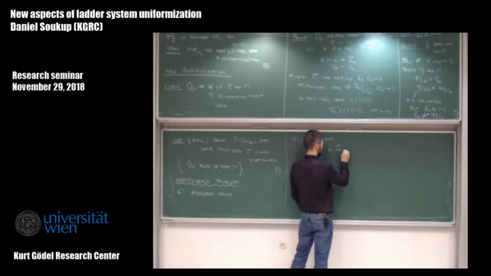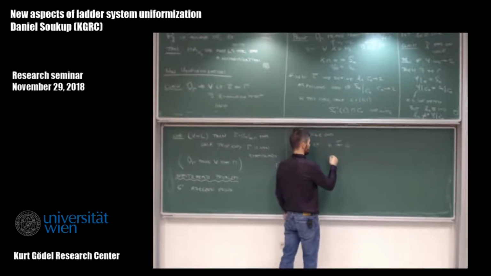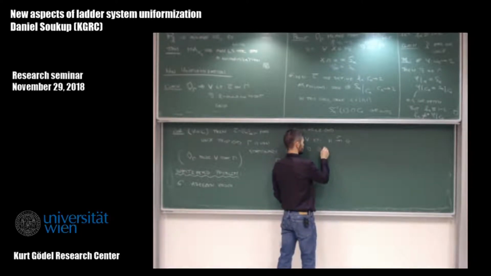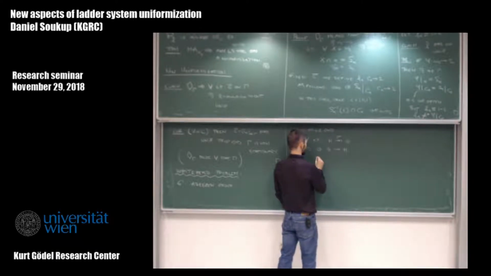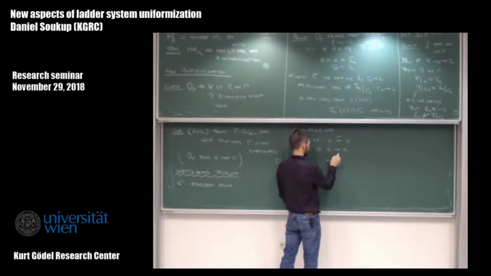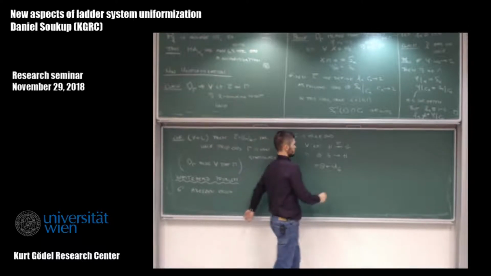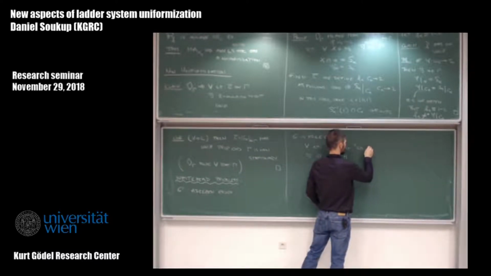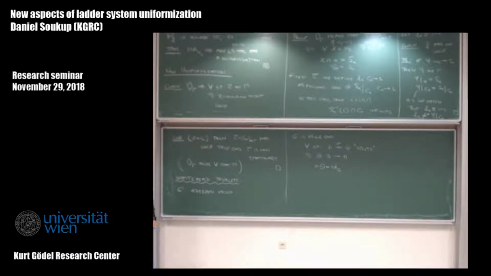So whenever I take a surjective map from H to G, then you can find theta such that the composition is the identity on G. So the map splits if this happens. Good.